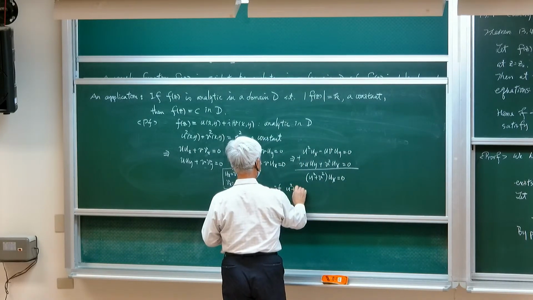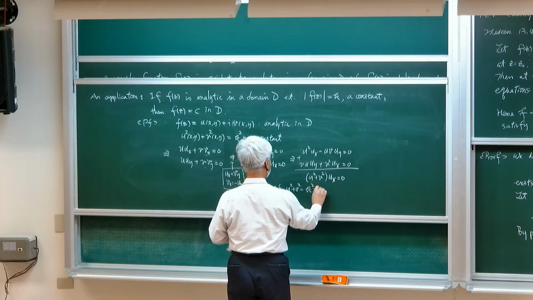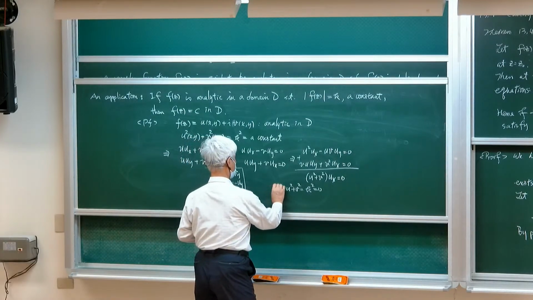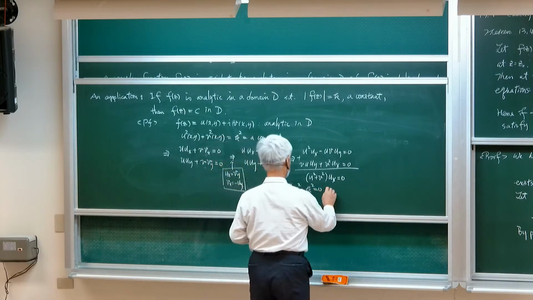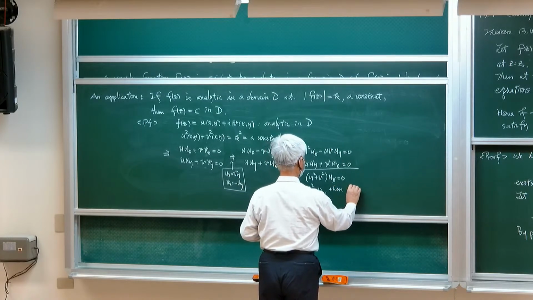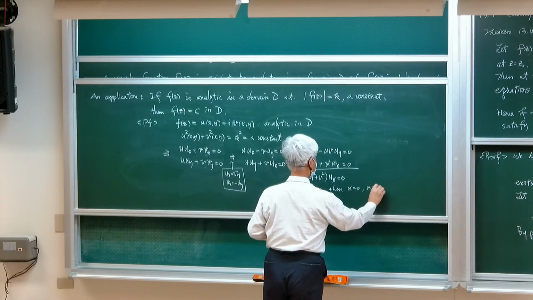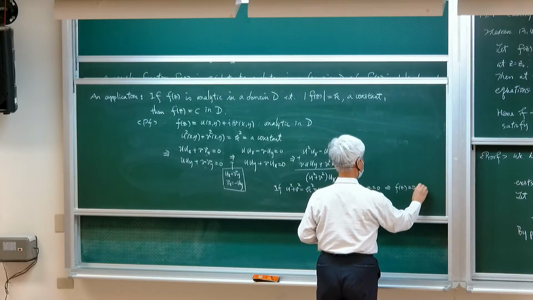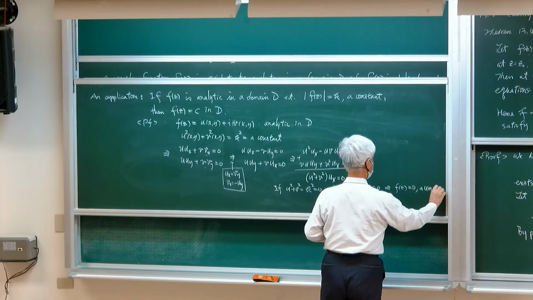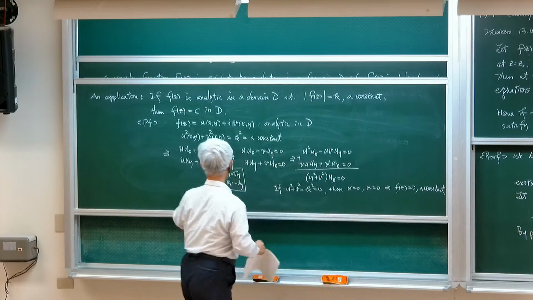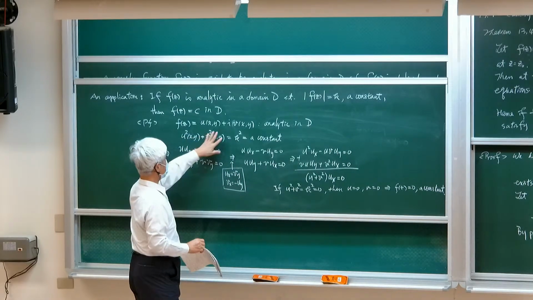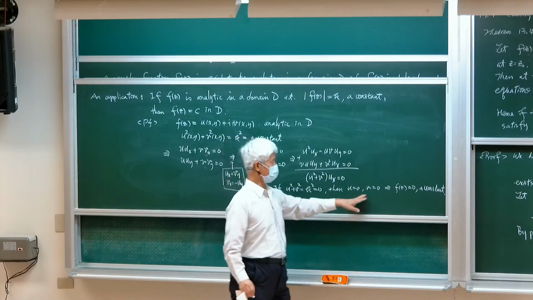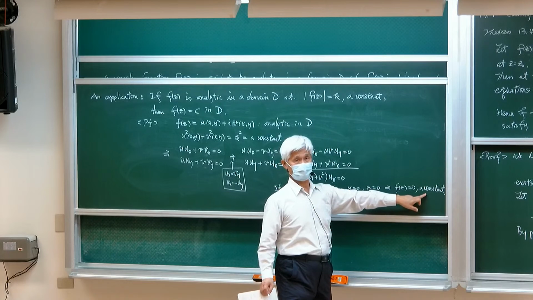So now if u squared plus v squared equal to k squared is 0, then u is 0 and v is 0, which implies that f of z is 0, a constant already, right? If the real and imaginary parts are 0 functions, then the complex function itself is the 0 function, which is of course a constant function.